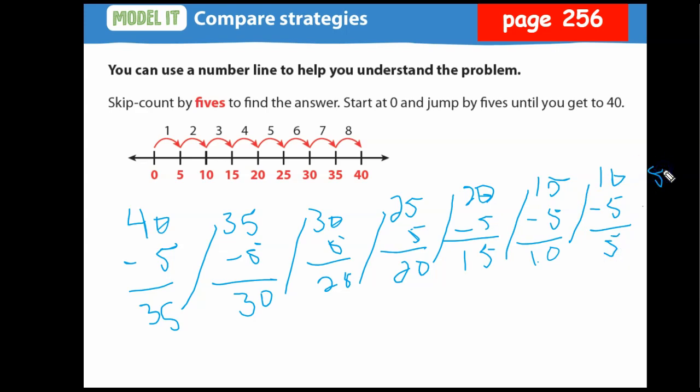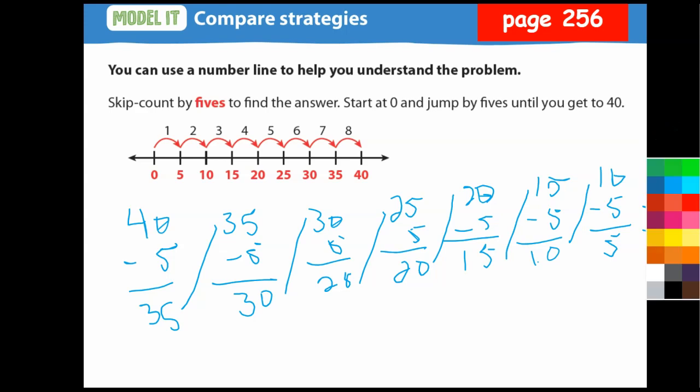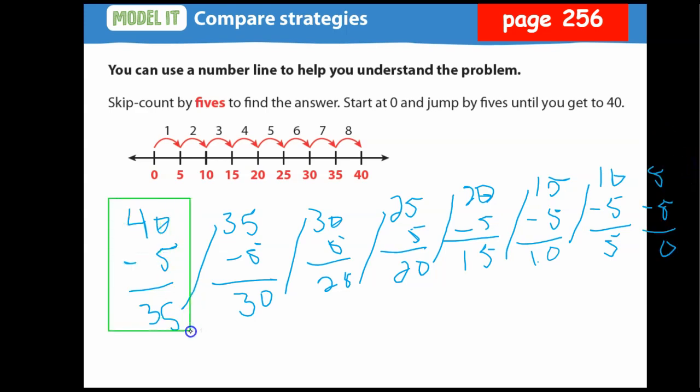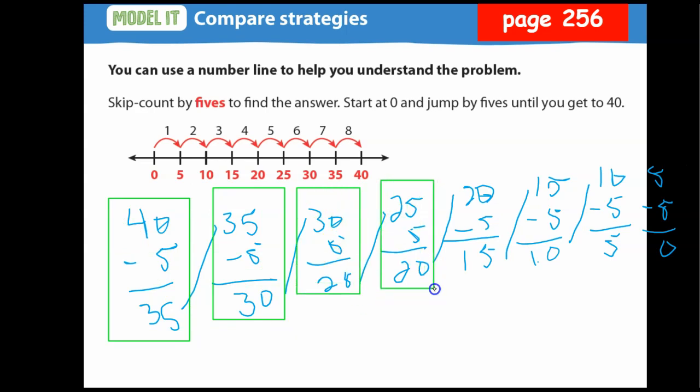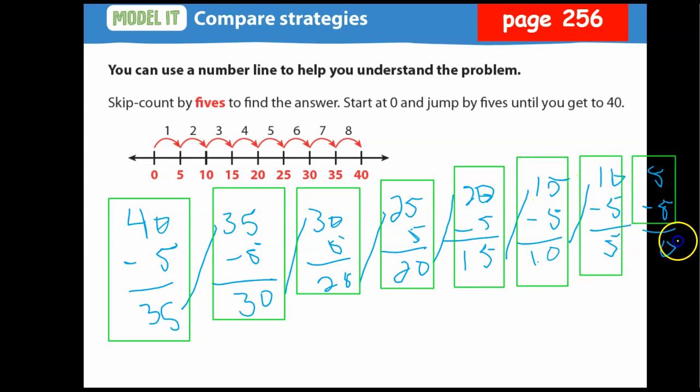And 5 subtract 5 is 0. And then I need to count how many times I did that. 1, 2, 3, 4, 5, 6, 7, 8. So yes, 40 divided by 5 is 8.